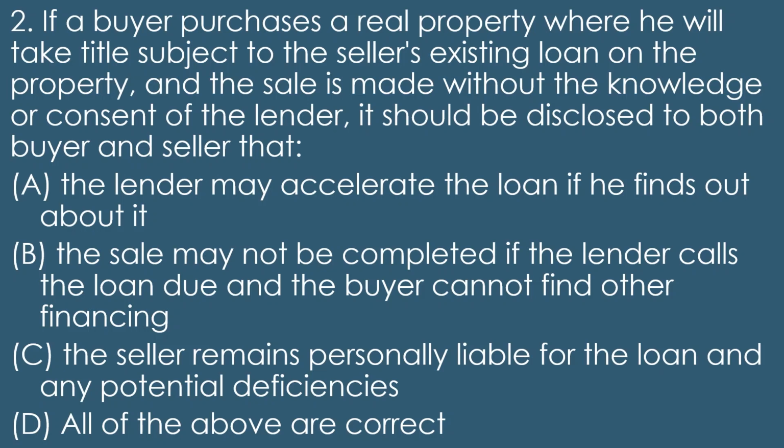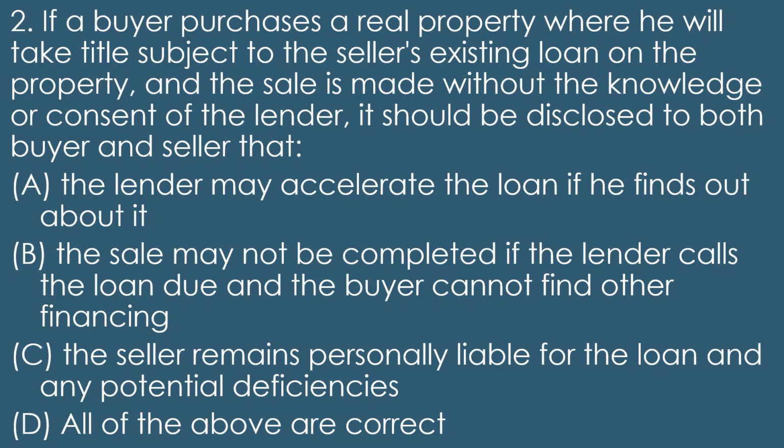In this case, if you are doing a subject to loan, a buyer is purchasing the property and basically taking over the loan, but without the knowledge and consent of the lender. So it's happening subject to. If the lender finds out about this, the lender could accelerate the loan due and payable because this event did happen. So that is something that the buyer and seller need to know about.